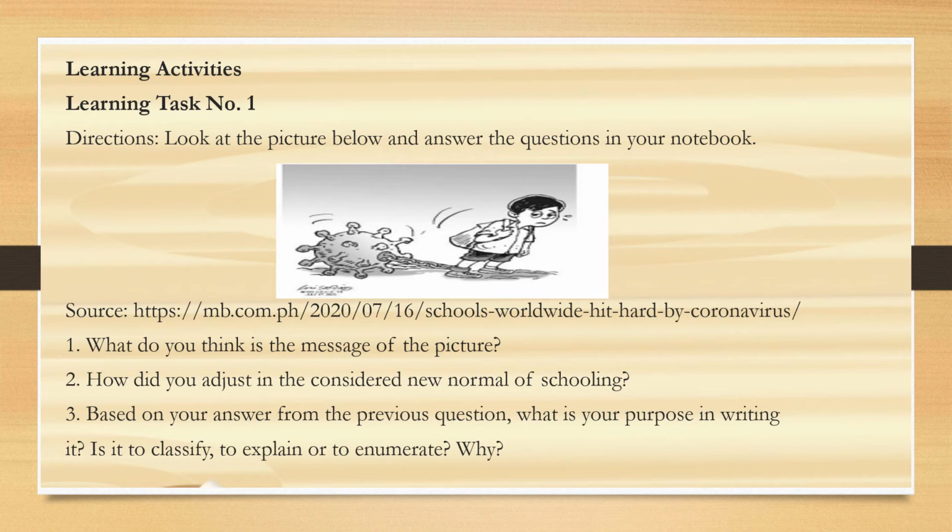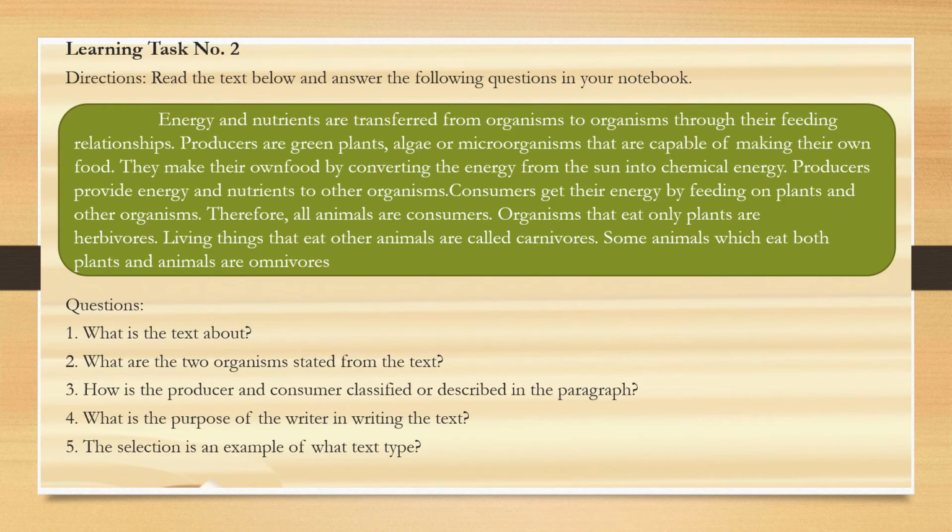Now, let's move on to learning activities. Learning task number 1. Directions. Look at the picture below and answer the questions in your notebook. For learning task number 2, read the text below and answer the following questions in your notebook.